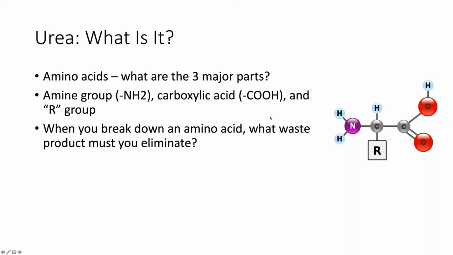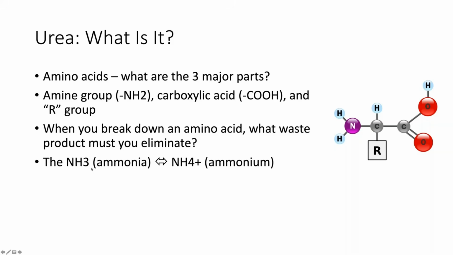That's it. So Danielle, when you break down an amino acid, what waste product must you eliminate? Sort of a read-my-mind question, but it's important. Nitrogen? Yeah, exactly. You've got to get rid of that nitrogen, specifically the ammonia, NH3. So Deb, why is ammonia bad for your body?